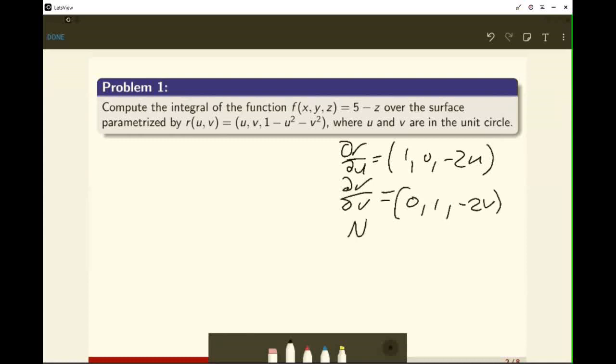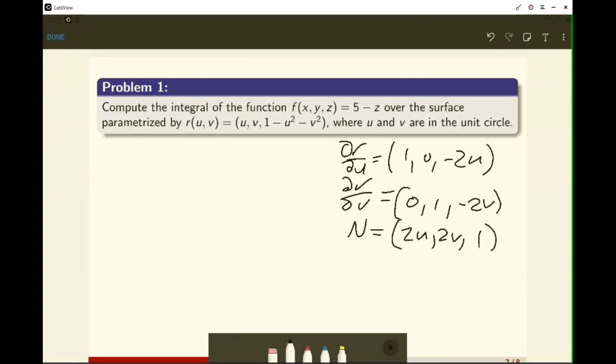If we take their cross product to get the normal direction, our x component is going to be 2u, our y component is going to be 2v, and our z component is going to be 1, using the cross product formula.